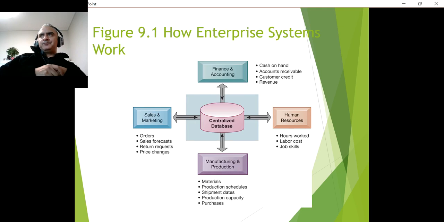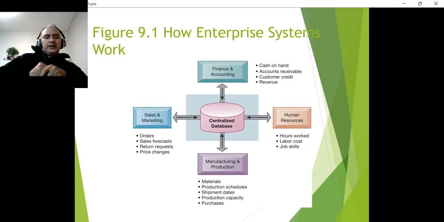It's very simple. One of the biggest issues previously in companies was that you have many business units. We have the marketing department, we have finance, we have manufacturing, we have distribution, we have so many things.